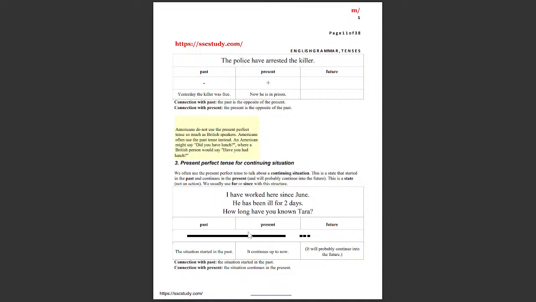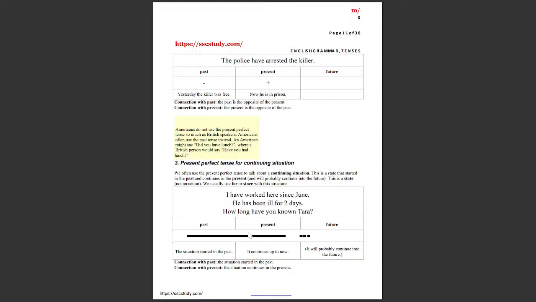The present perfect tense with continuous situations. We often use the present perfect tense to talk about continuous situations. This is a state that starts in the past and continues in the present, a state rather than an action. We usually use for or since with this structure.